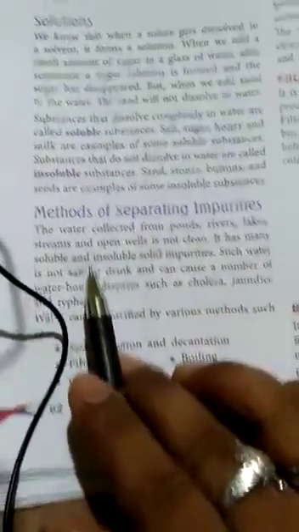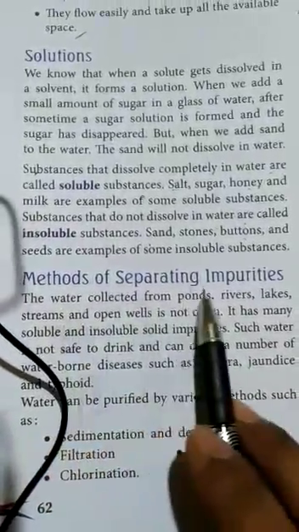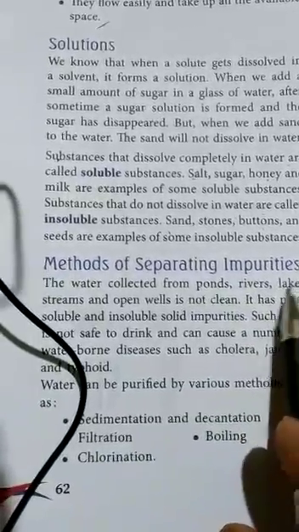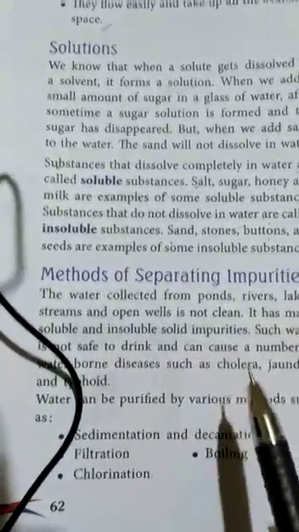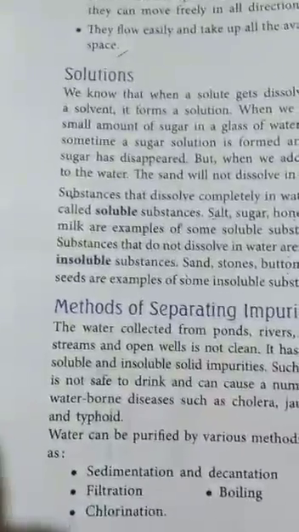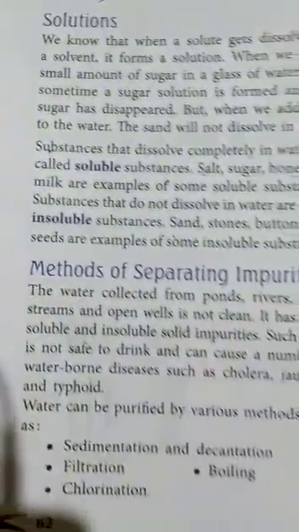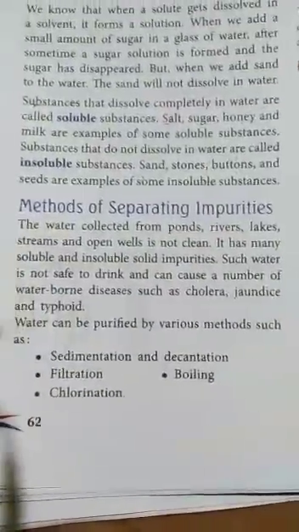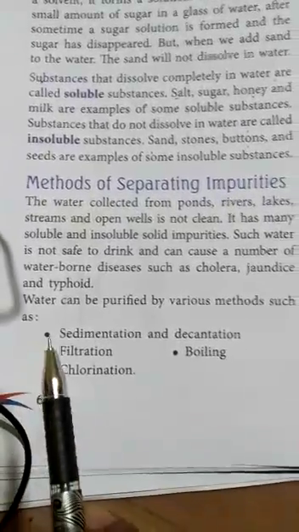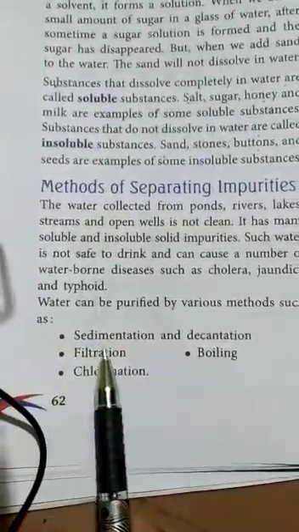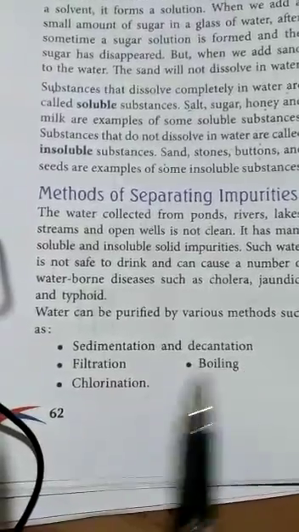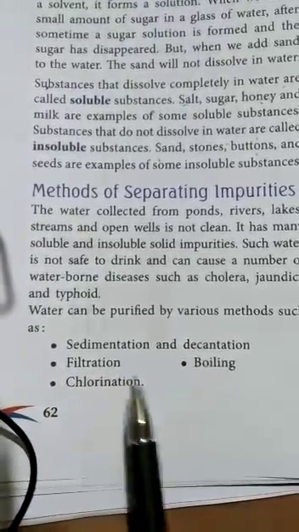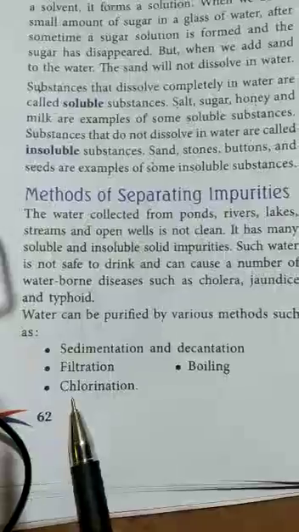Now some methods are given here, methods of separating impurities. Sometimes there are impurities in the water, so how can we make it pure? There are some methods given: sedimentation and decantation, filtration, boiling, and chlorination. Let us see them one by one.